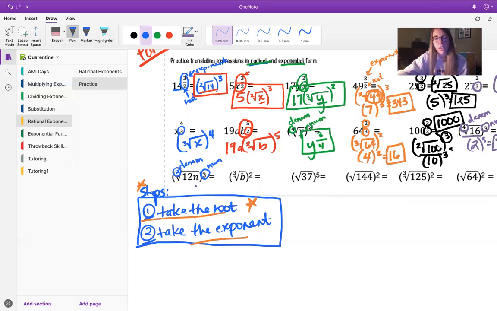Okay, so that would be 12n to the 3/2 power. All right, and we can't simplify that anymore because we don't know what n is.